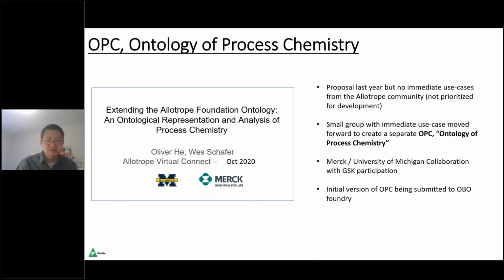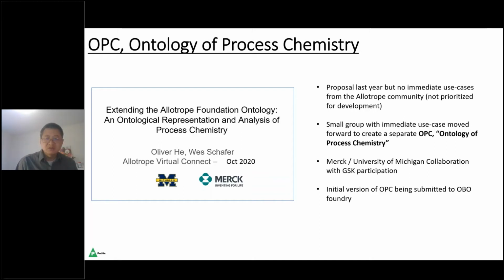So to address this, we would like to propose something we call the OPC. It's the Ontology of Process Chemistry. Last October, we presented a work with the title Extending the Allotrope Foundation Ontology: an ontological representation and analysis of process chemistry, by Wes and me.